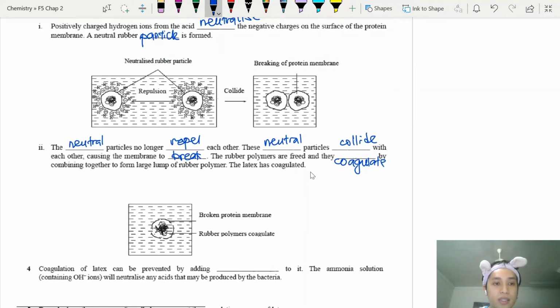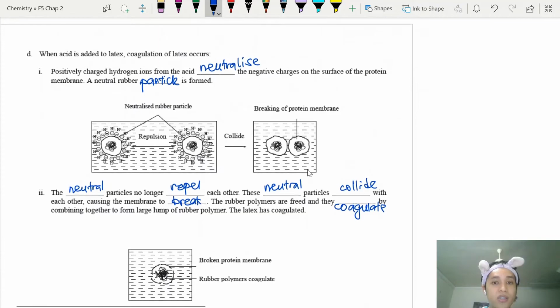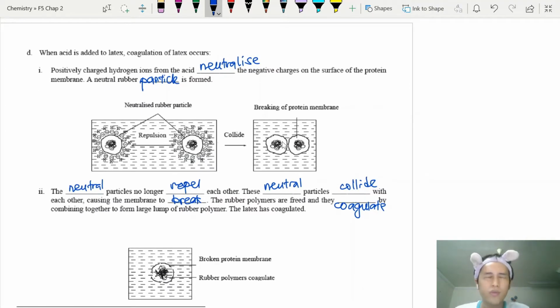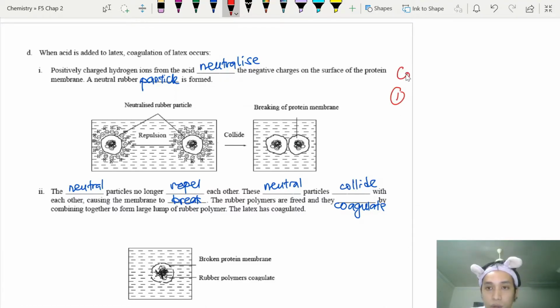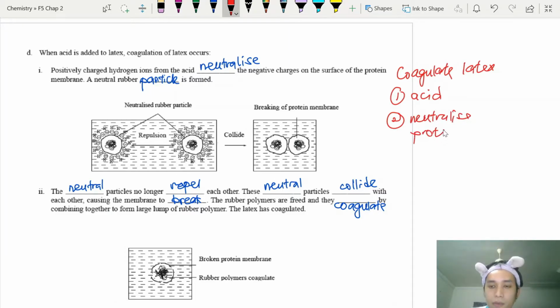So basically these are the explanations that you need to know when they ask you to explain how coagulation of latex happens. I can summarize it like this. To coagulate latex, you need acid. The acid is used to neutralize the protein membrane.